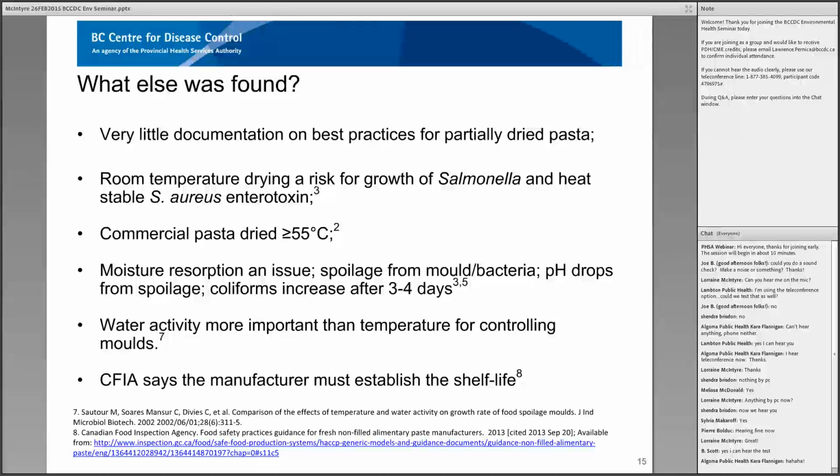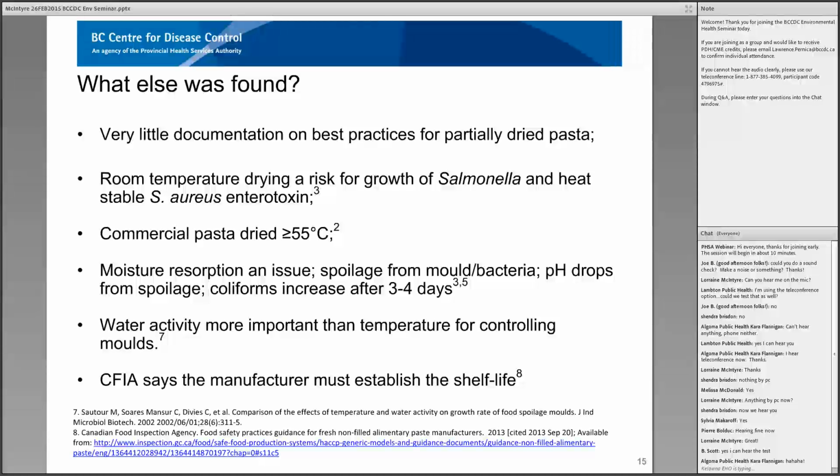So normally, for those on the line or in the room that don't know, our criteria for a non-PHF or non-potentially hazardous food is a water activity of 0.85 or less and a pH of 4.6 or less. So in this case, pH doesn't help us.